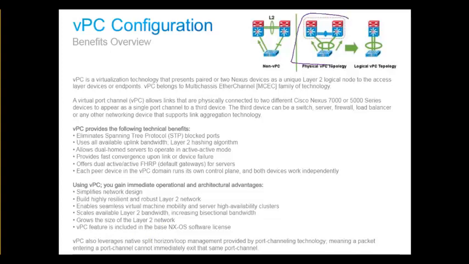The traffic that goes to this one, if it takes the peer link, is not allowed to come back on the other member port. A packet that entered one member port cannot leave the other member port. So a loop cannot happen. That is how vPC prevents loops.